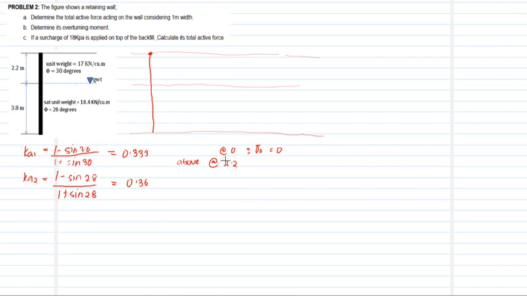Just above our groundwater, ang ating pressure at 2.2 just above, that is equal to K multiplied by our unit weight multiplied by the height. Yung K natin is equal to 0.333. That is just above. Multiplied our unit weight, 17, and our height, that is equal to 2.2. So, yung value natin dito is equal to 12.45 kilonewton per meter squared.